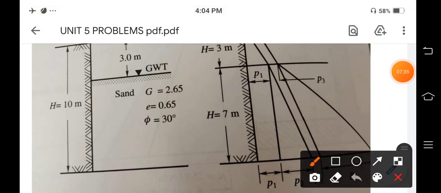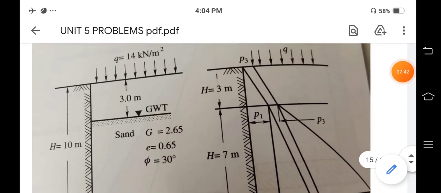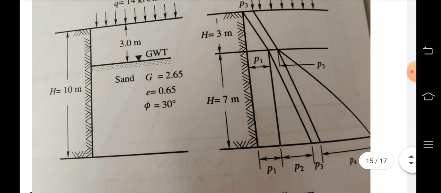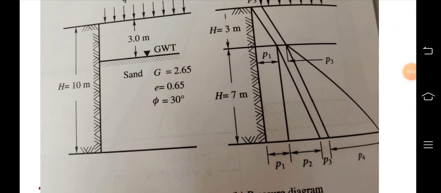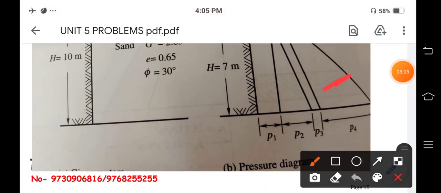This is the first pressure distribution diagram, this is the second, this is the third, and this is the fourth.